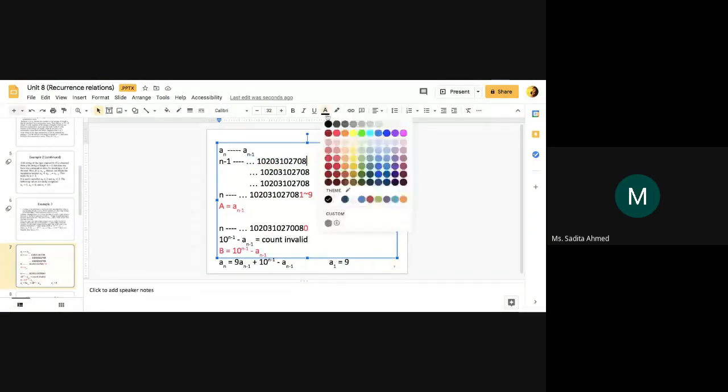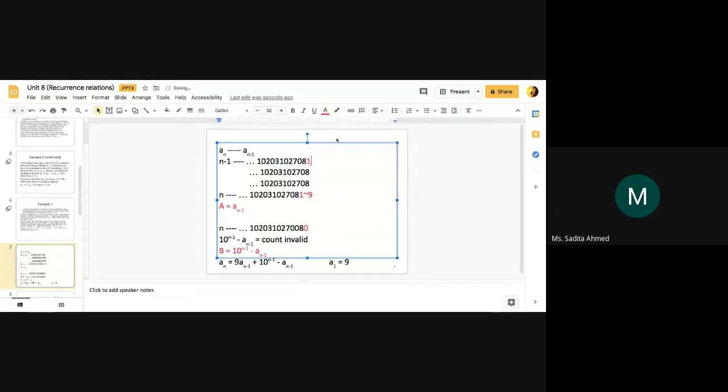Think about that. If you add a 1 at the end, you get 1. All right. If you add a 2 at the end, you get another one. If you add a 3 at the end, you get another one, and so on.